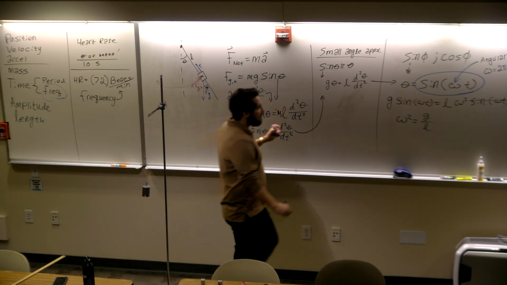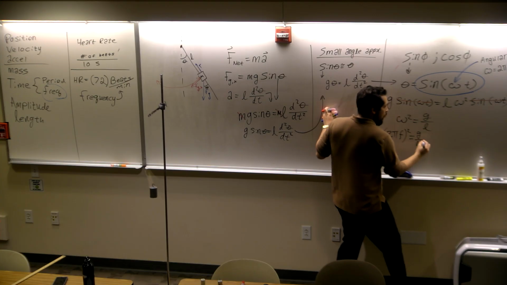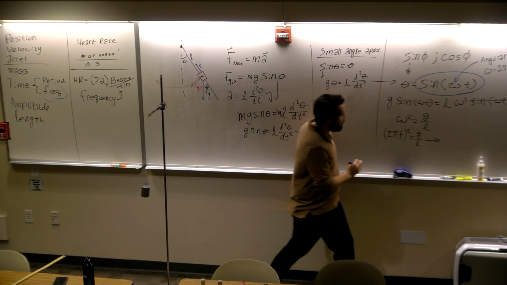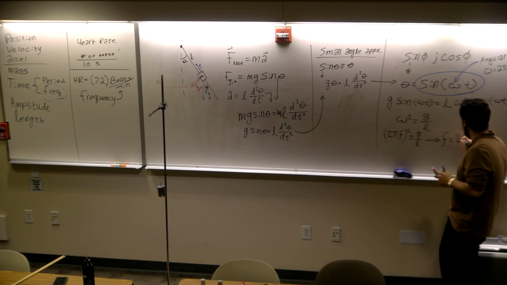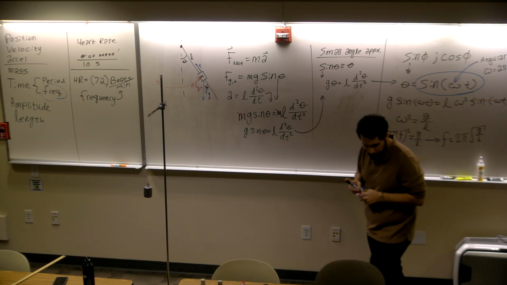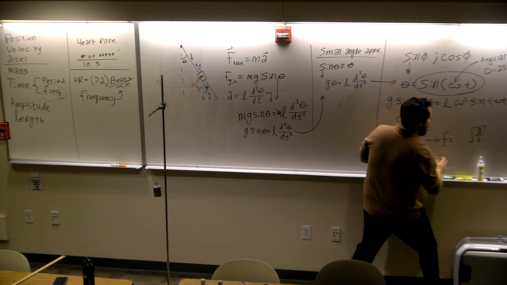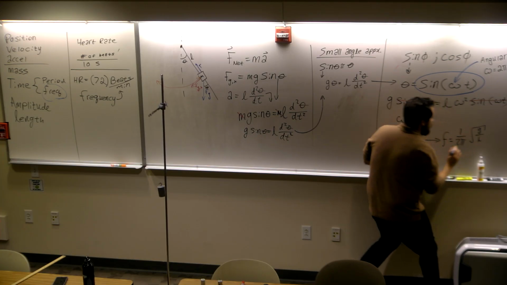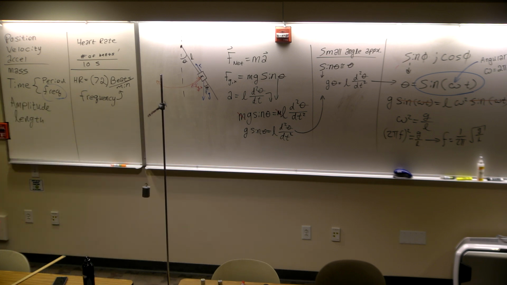So this tells you that 2 pi times the frequency squared is equal to g over L, or we can rewrite this as the frequency of our oscillating mass is equal to 1 over 2 pi times the square root of g over L. So it tells us the frequency of oscillation only depends, again, on the length and the acceleration due to gravity.